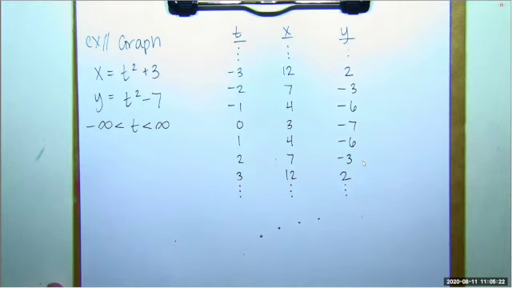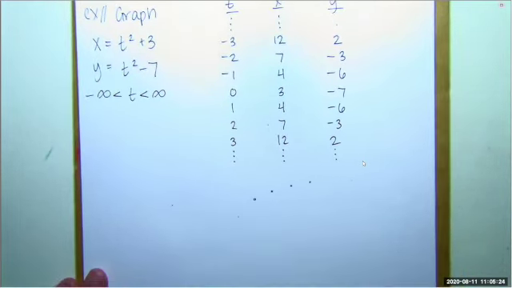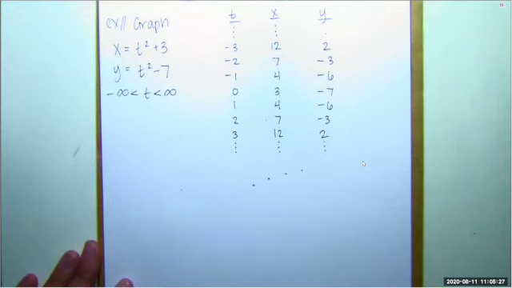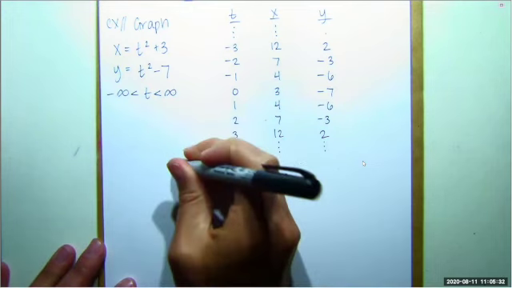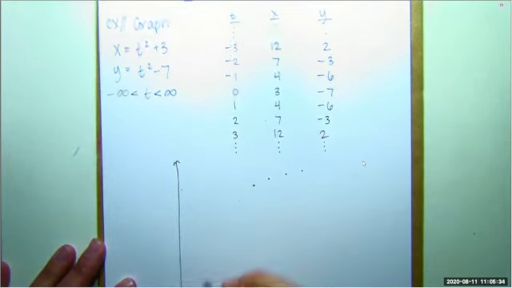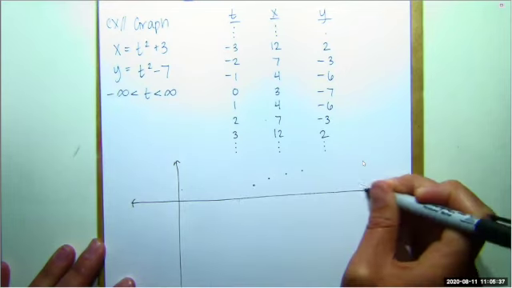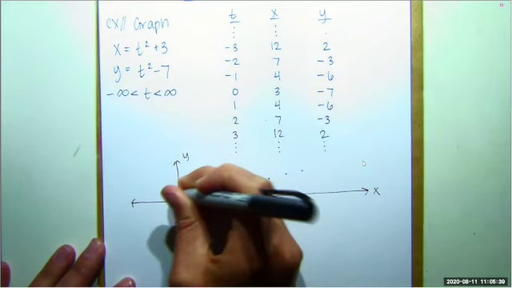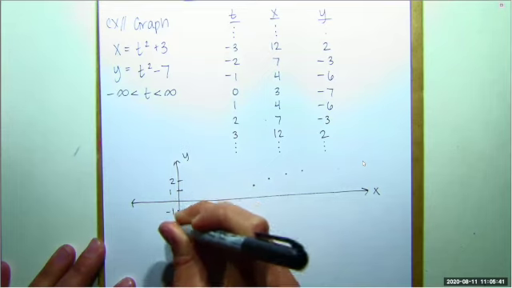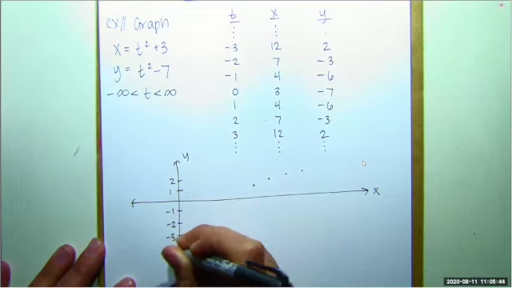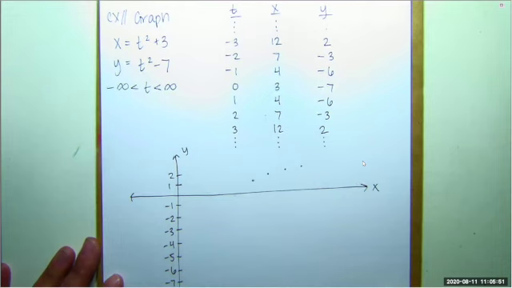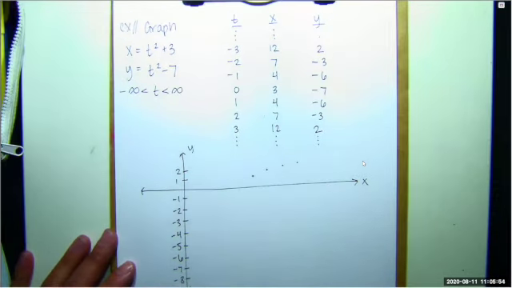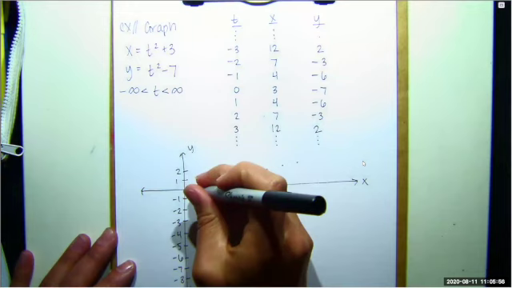So I want to make sure I get all of that on my graph. And then let's see, our x values go up to 12.